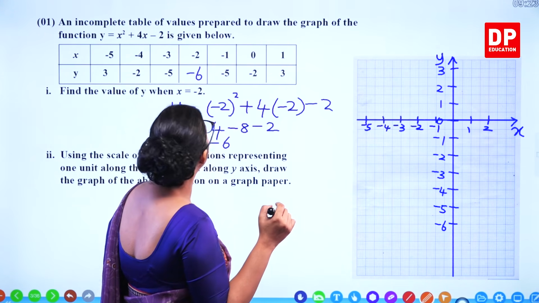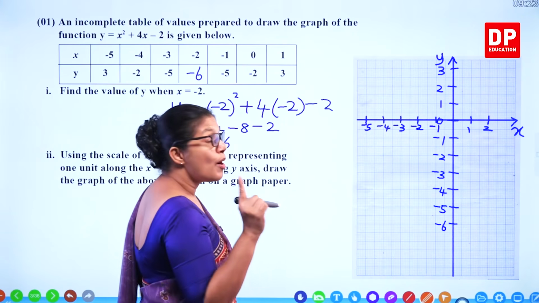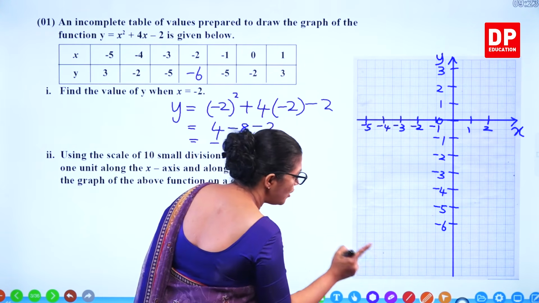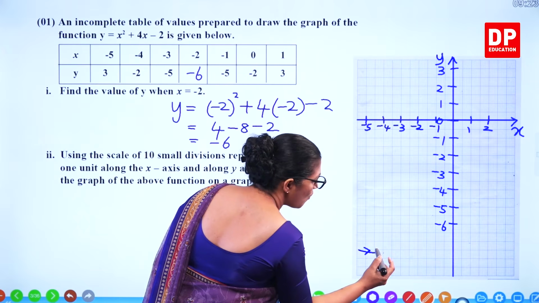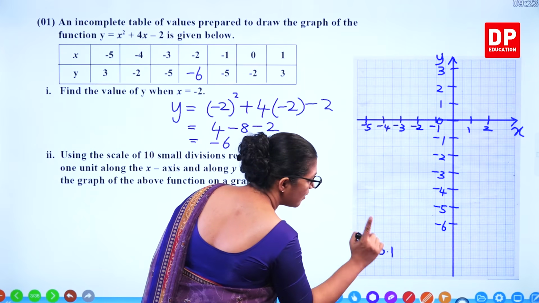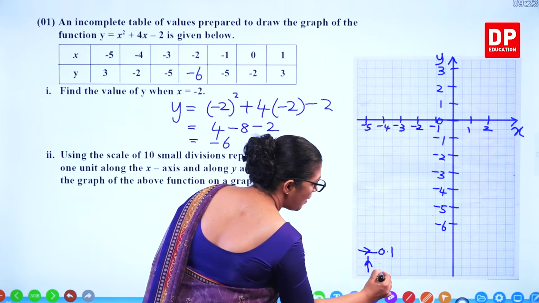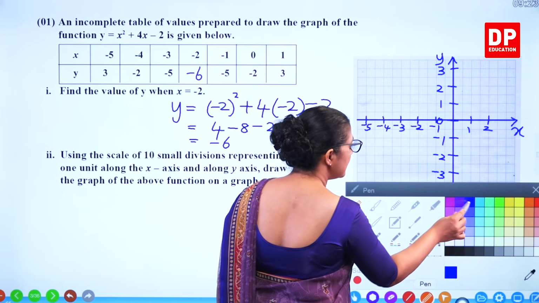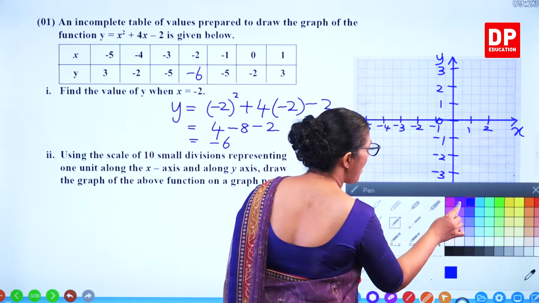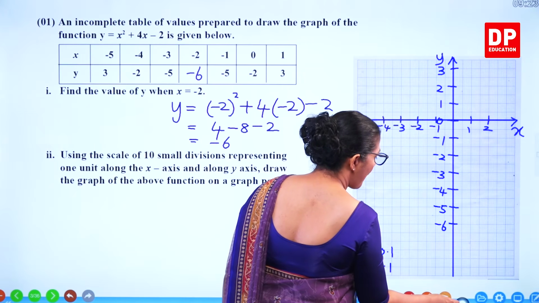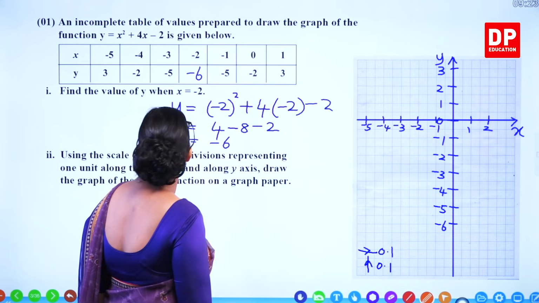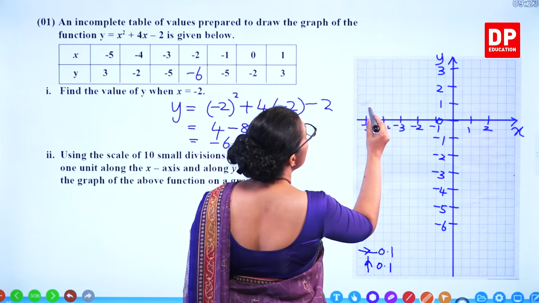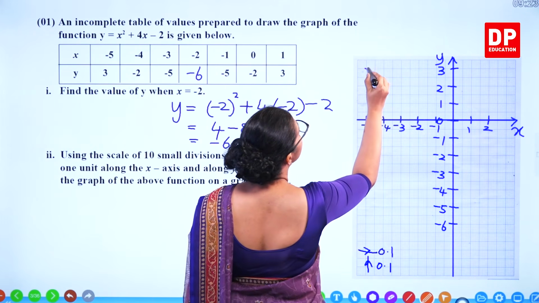Now you can mark the points. Before that, we know 10 small squares is 1 unit, which means this way 1 over 10, that's 0.1, and this way 0.1. That's the scale. Now we can mark the points. Minus 5, 3.